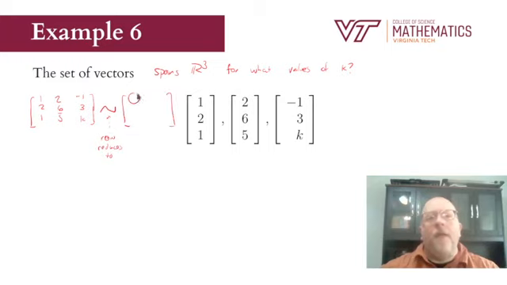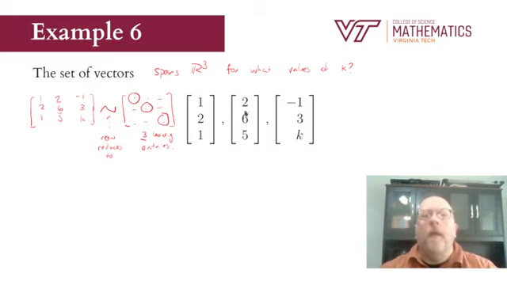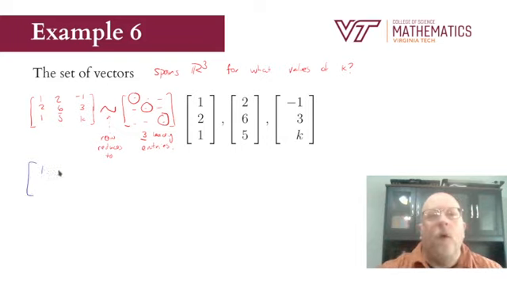It has to have 3 leading entries, which means the bottom row cannot be all zeros. So let's give this a try. We're going to start row reducing this here. 1, 2, 1. I'm writing this vertically. 2, 6, 5, -1, 3, k.